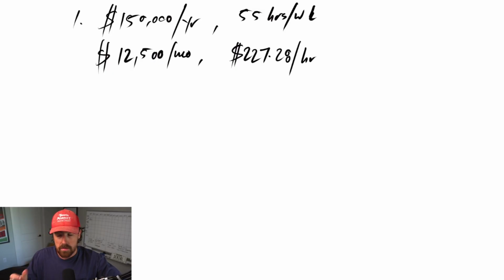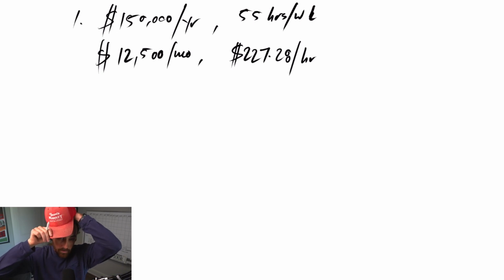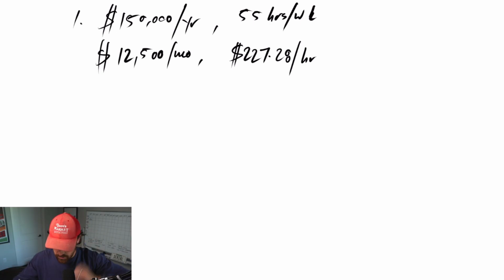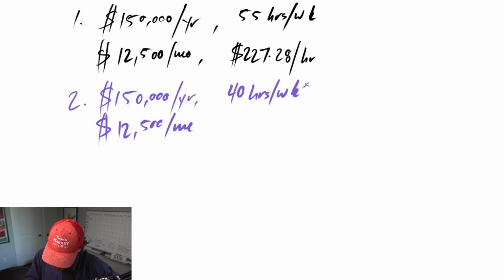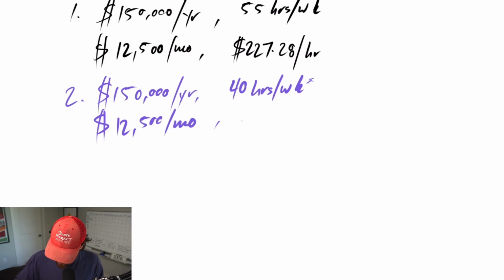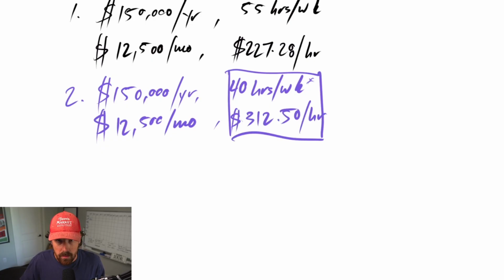Now, let's assume nothing else changes except we just become more efficient. Puts us at 150, but 40 hours per week. We're still at 12,500 per month, but our hourly is bumping up to $312.50 per hour. Not bad.